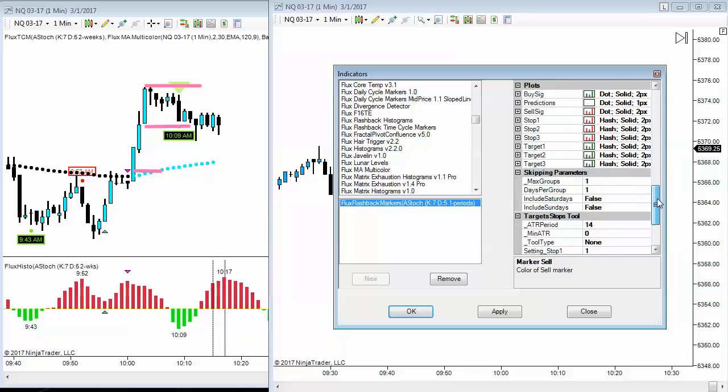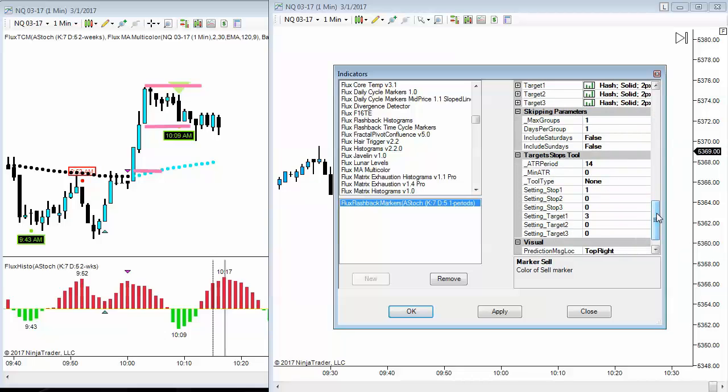Now, I can ask the computer to take data from a different place. So right now, I'm asking it to look at the time cycles of yesterday. Go back one day at a time, one time.